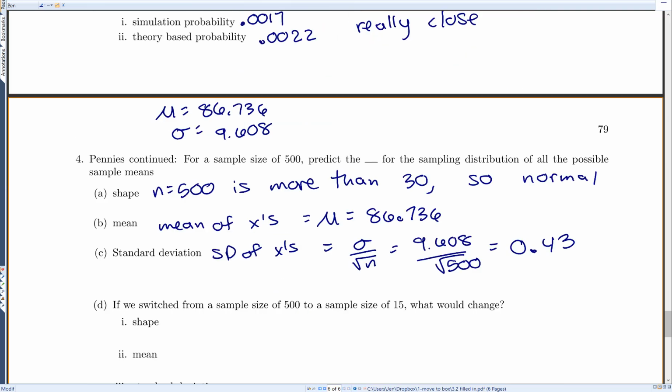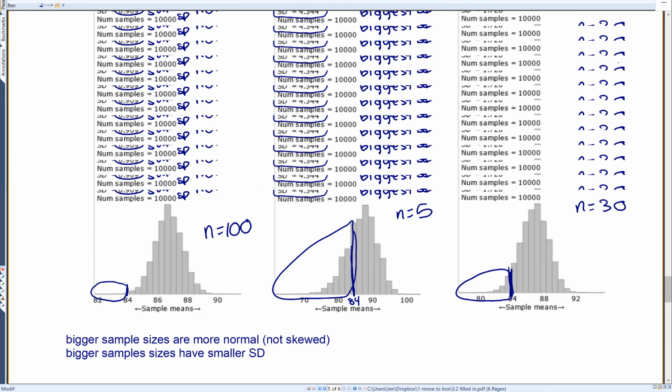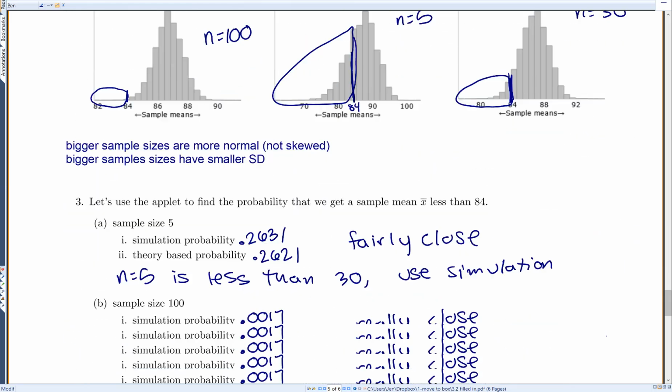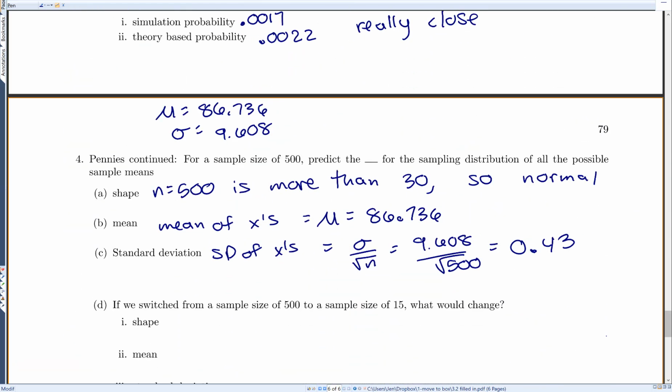All right. Sorry, I paused that, and I'm not actually sure where I paused that. So just to make sure, we came back up to our original population, and we wrote down our mean and standard deviation using our Greek letters. So mu is our population mean, sigma is our population standard deviation. And then coming back down, my mean of all my x bars is mu, so that's 86.736.